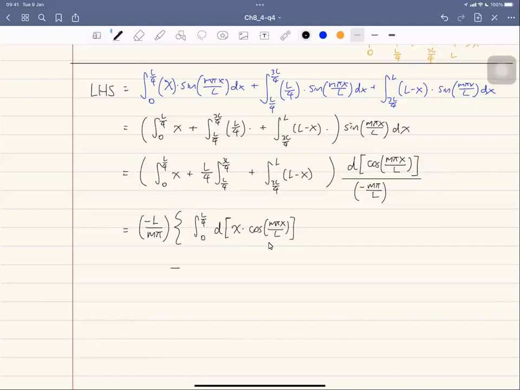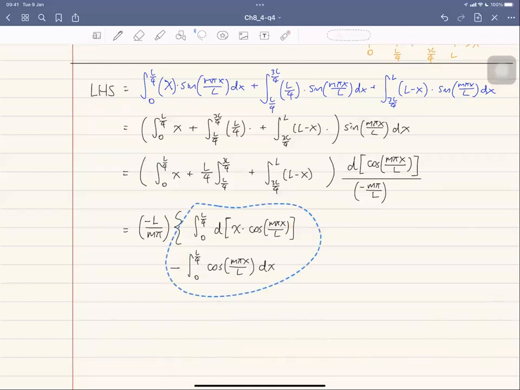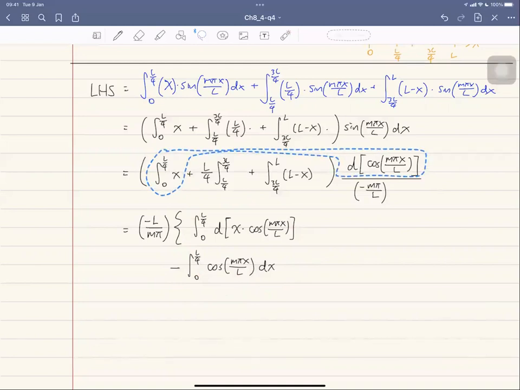I need to subtract away the piece where I keep this constant and just differentiate this. Okay, so these two terms combined should now represent this. Hope that makes sense.